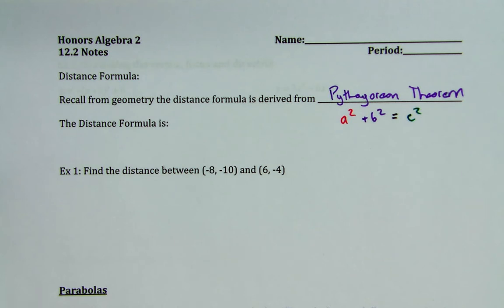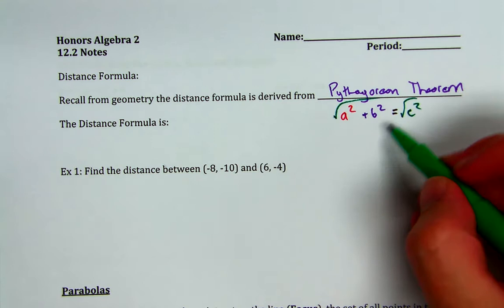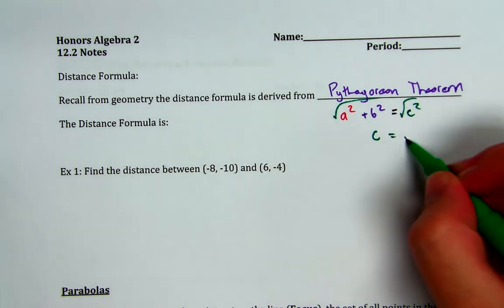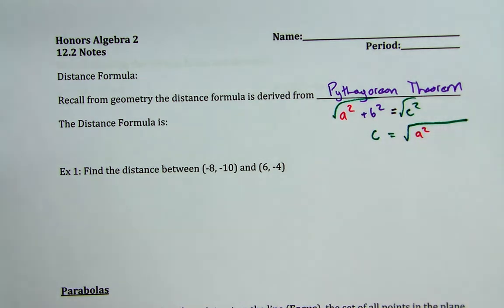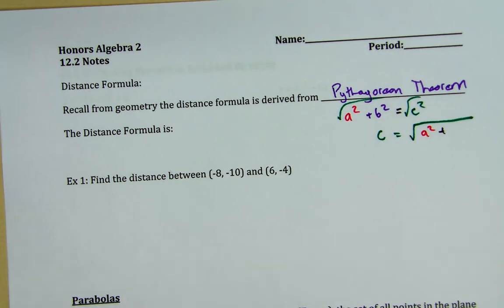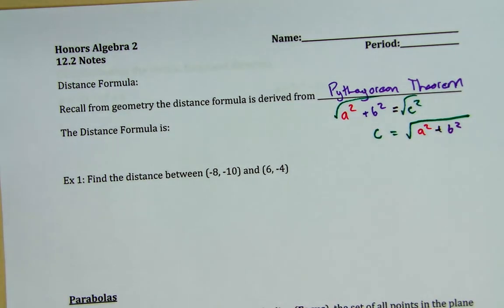If you wanted to solve for c, you need to take the square root of both sides. So c would equal the square root of a squared plus b squared. So that's where the distance formula is derived from.